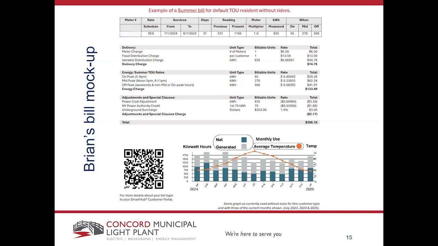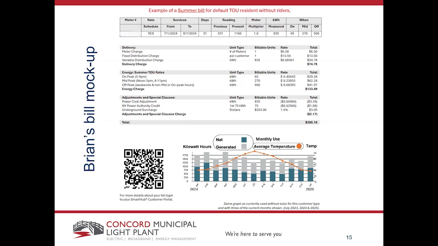My suggestion is, instead of the net, because net is not very informative, we could do something like this: the amount of energy used broken out by 3 buckets, and then the amount of solar energy generated broken out by the 3 buckets. And the net will be clear on the bill in terms of the delivery and the production.